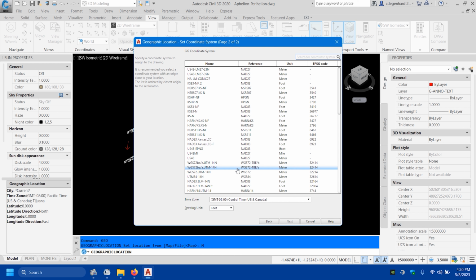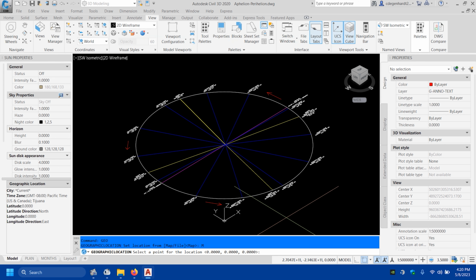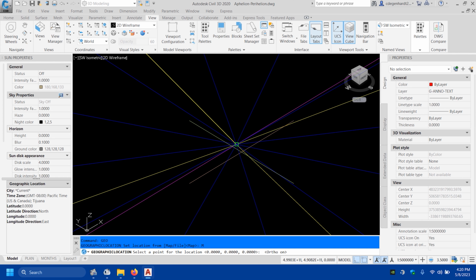Now I want to get my coordinates. Here in Kansas, we got 2 zones. We got one in the north and one in the south. So I want that north one, and it's in feet, so next. Right in the middle.